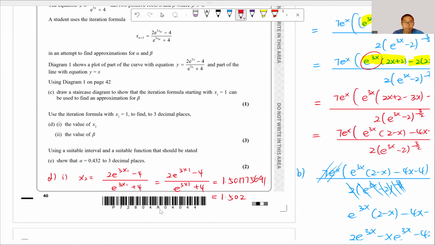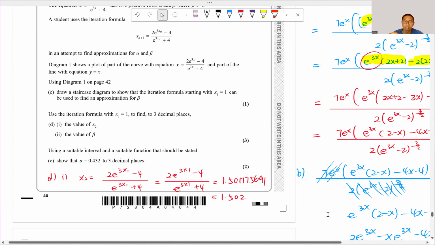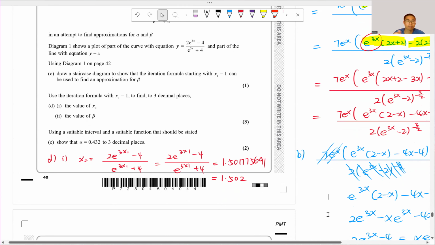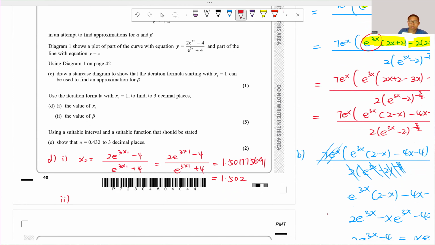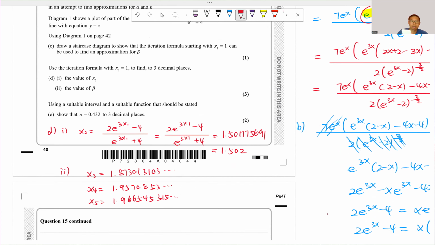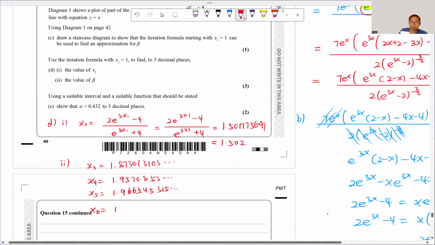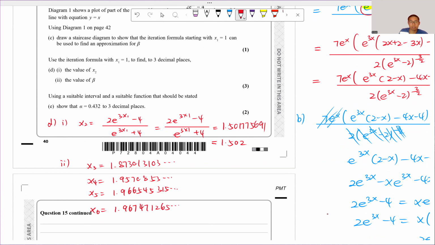And then to work out the beta value to 3 decimal places, you just have to keep pressing the button on the calculator. So x3 is 1.873013103, and then x4 is 1.9570853, and then x5 is 1.966545315, and then x6 is 1.967471265.